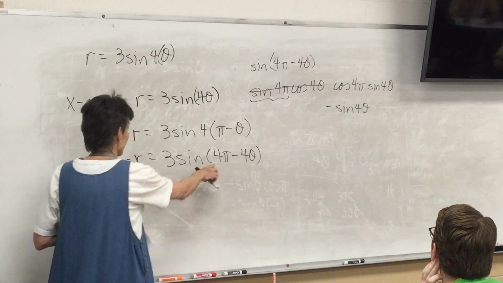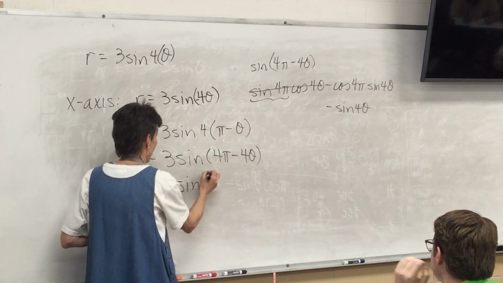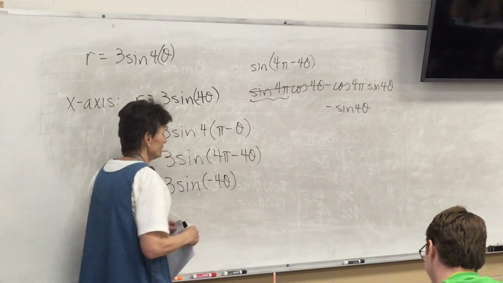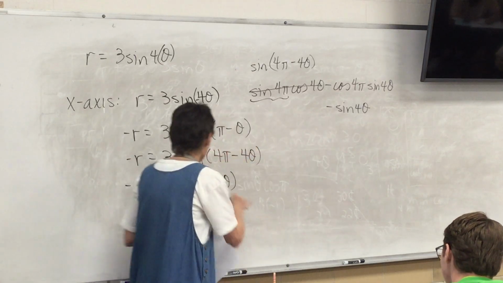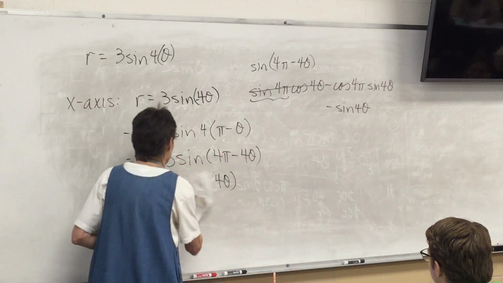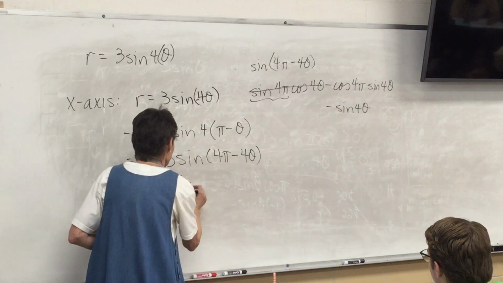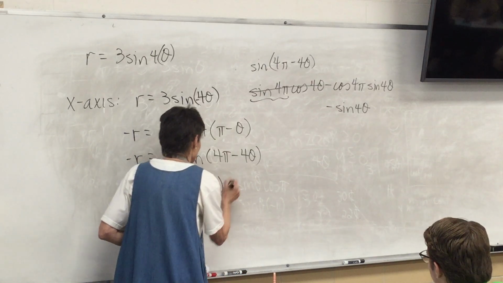So plugging back in, I have negative R equals 3 sine negative 4 theta. Oh, excuse me. That's not what I have. It's negative sine 4 theta. 3 times negative sine 4 theta.